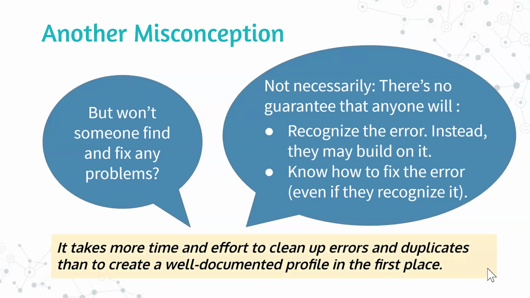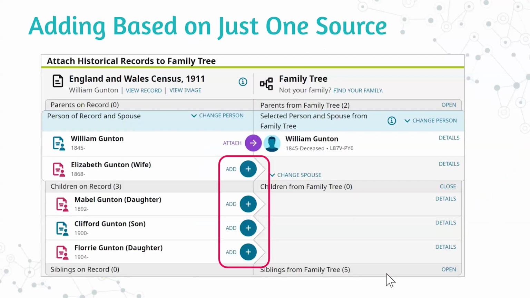It really does take more time and effort to clean up these problems than to create a well-documented profile in the first place. People think that creating the well-documented profile is harder and takes more time, but it actually is easier in the long run and it saves time.